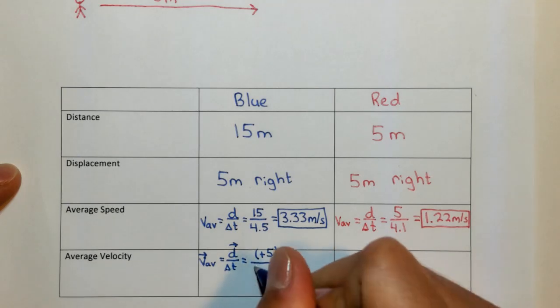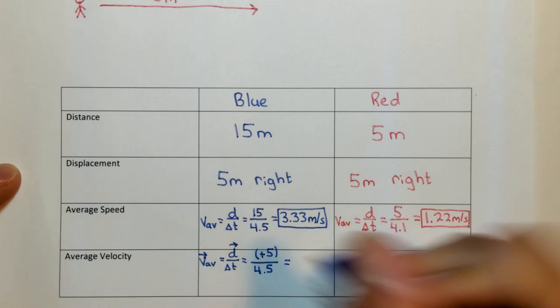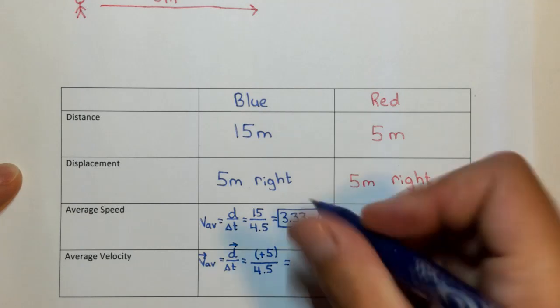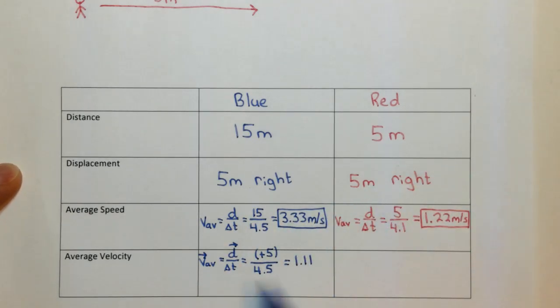And again, the time for blue is 4.5 seconds. So that gives me 1.11. But again, I'm looking for average velocity, which is a vector. So the thing I get out should have direction. When using my calculator, I have this agreement that we're going to use plus and minus to communicate direction.